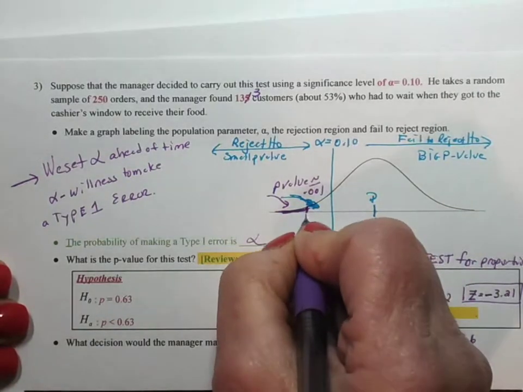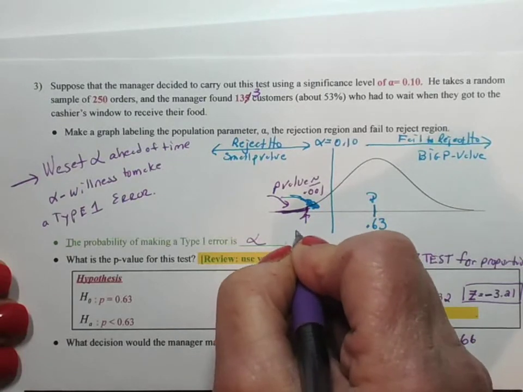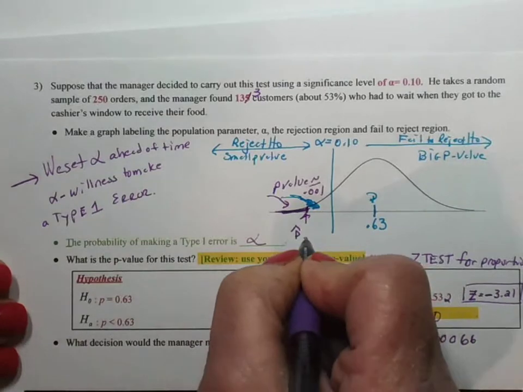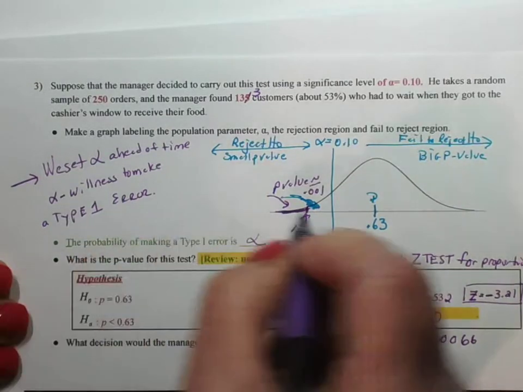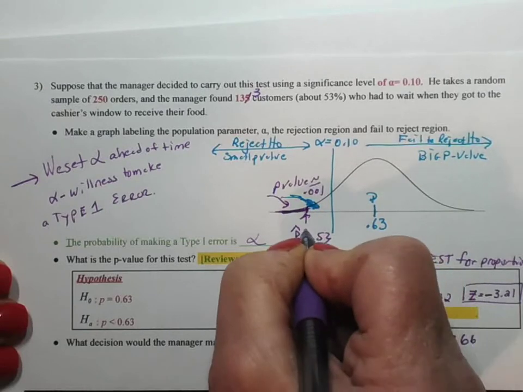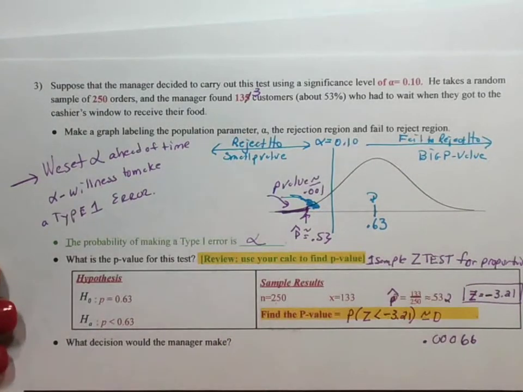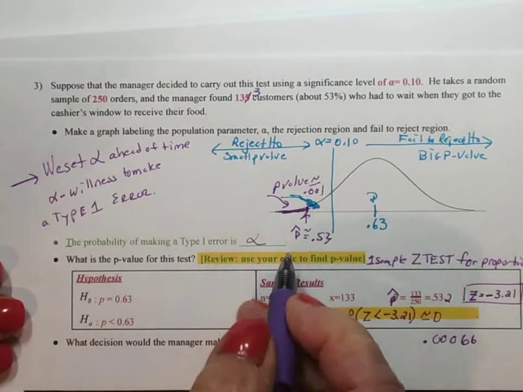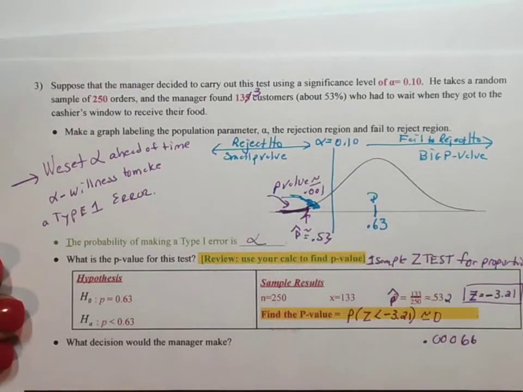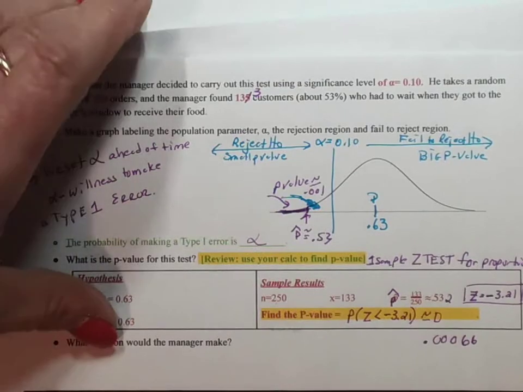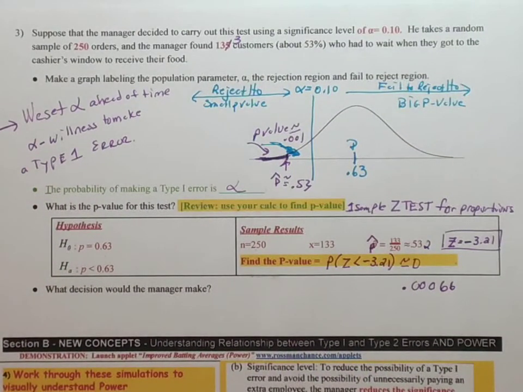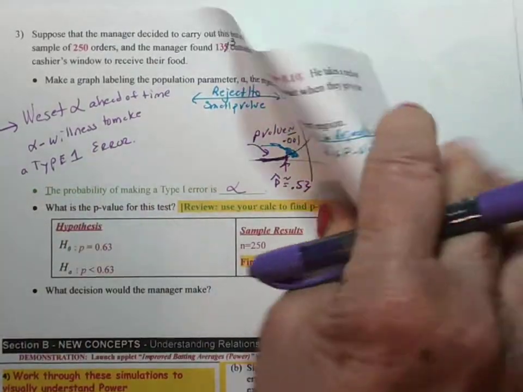So that means that right here is where our p hat is. That's our evidence. And our p hat is approximately 0.53. Okay, so small p-value, we're going to reject the null hypothesis. So I'm going to go back to my nice, neat notes.